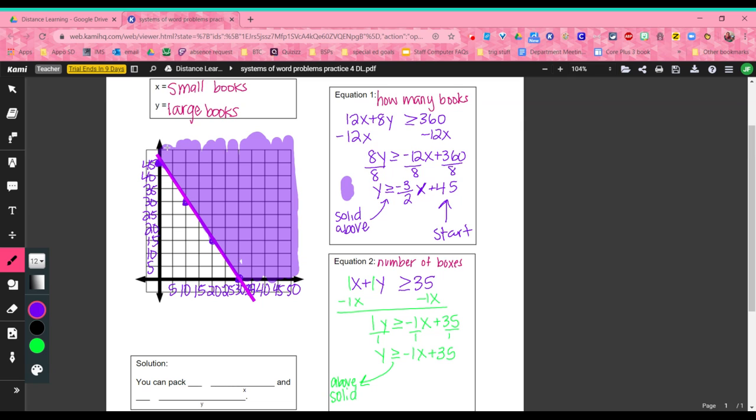Okay, now we're going to move on to the next one. We are going to start at 35, and our slope is down 1 over 1.